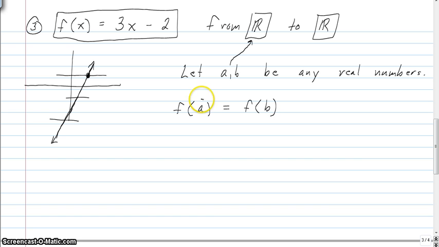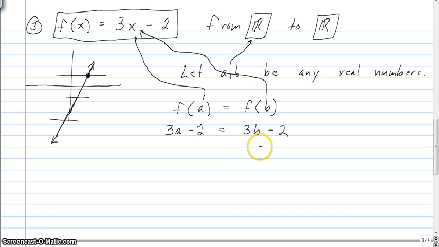I'm going to go back to my function and plug a in for x, and also go back to my function and plug b in for x. So over here it would be 3a minus 2 equals 3b minus 2. And then I'm just going to do some algebra on both sides, add 2 to both sides. That would leave me with 3a equals 3b.